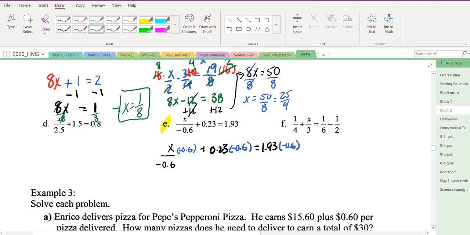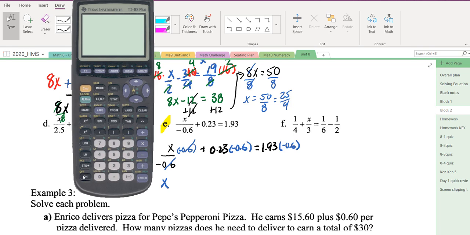Okay, so we have 0.6 on the top and a 0.6 on the bottom. They cancel each other out, so we're just left with the x. Then we have a decimal, so we're going to have to go 0.23 times negative 0.6 is negative 0.138.